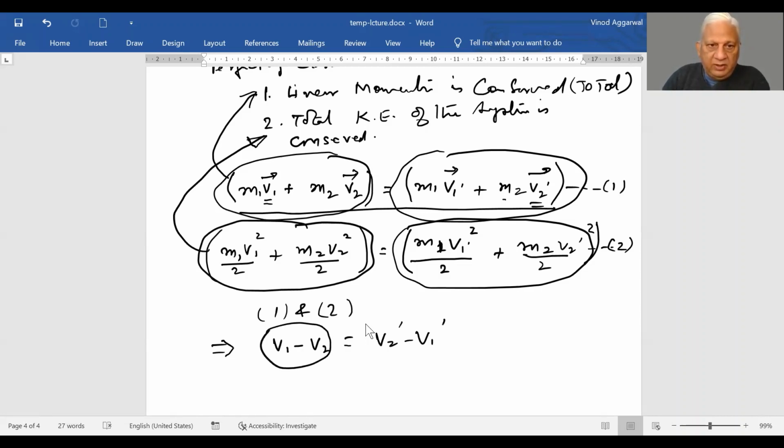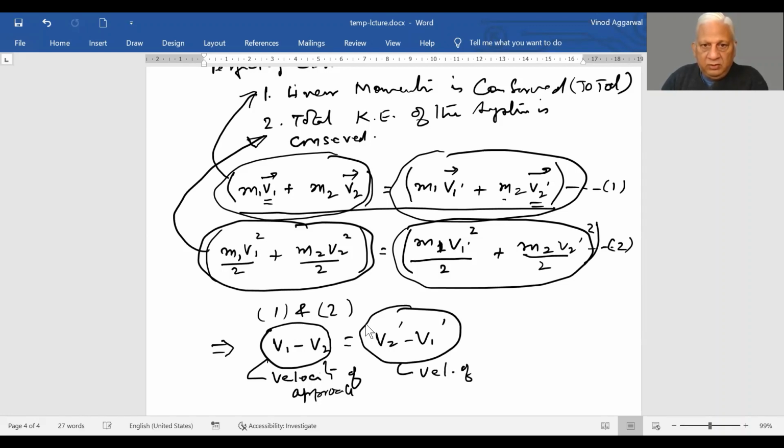The difference in velocity of the two particles, and this we call velocity of approach, and this is the difference in final velocities, and we call it velocity of separation. The velocity of approach mathematically is written like this, and so is velocity of separation.